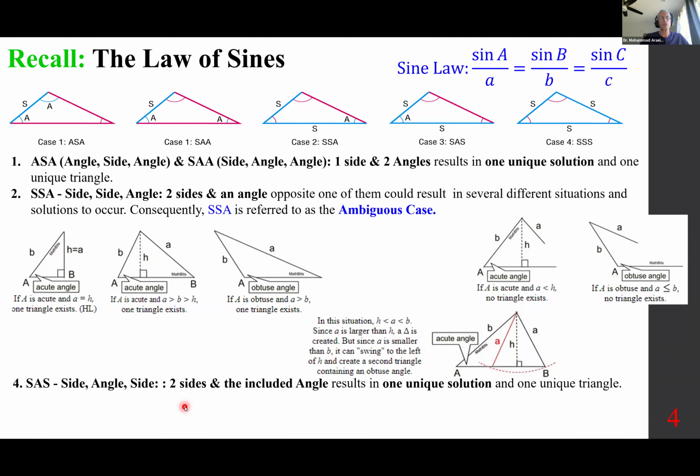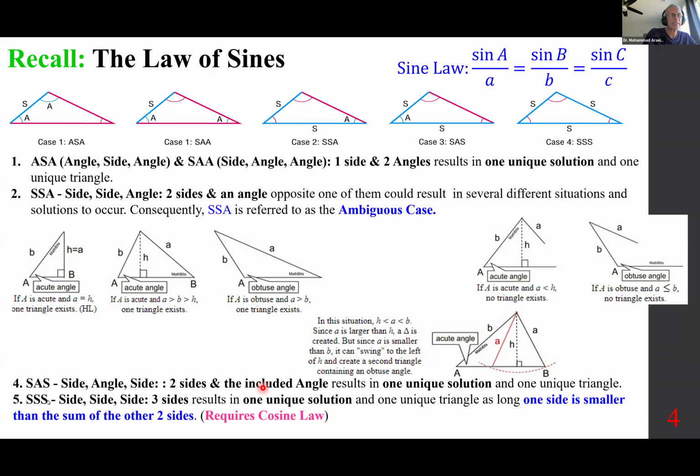SAS, side, angle, side, two sides and the included angle, results in one unique triangle. SSS, side, side, side, three sides, result in one unique solution and one unique triangle, as long as one side is always smaller than the sum of the other two sides.